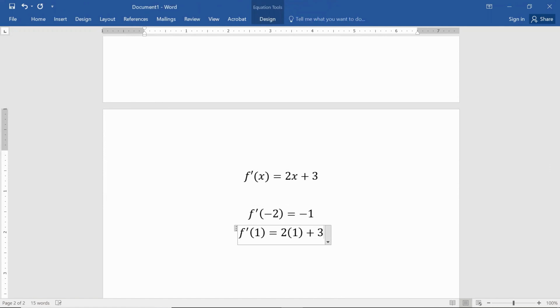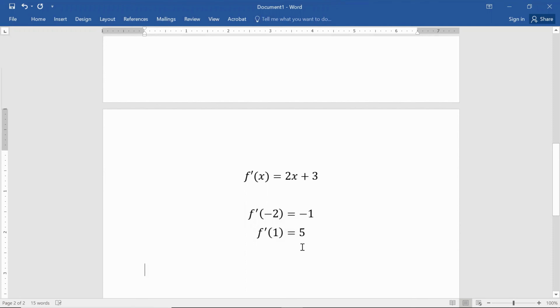If you were looking for the instantaneous rate of change when x was equal to 1, what I could have done is plugged in 2 times 1 plus 3. So I could have plugged 1 into my derivative function, and I could have seen that that gave me out a 5. If you go back and look, the instantaneous rate of change when x was 1 was 5. The derivative when x was -2 was -1.